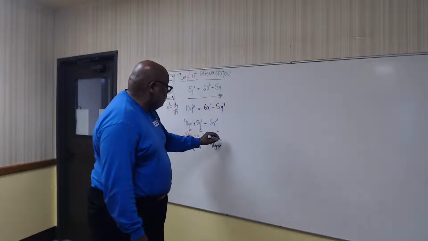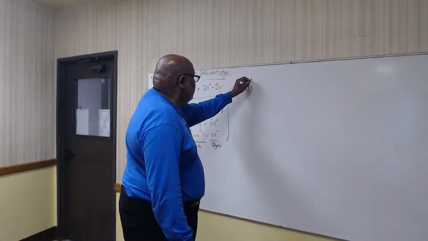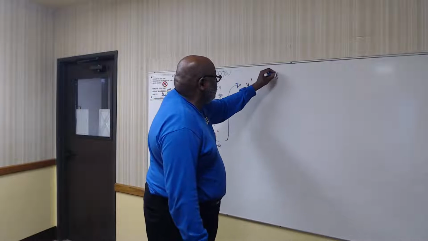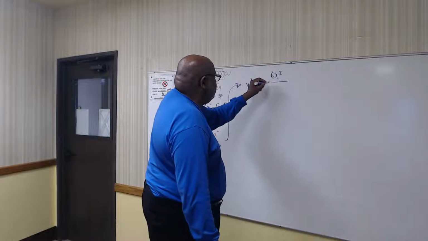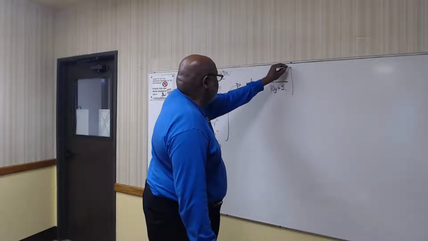And that leads us to y prime is equal to 6x squared over 10y plus 5. This is perfectly acceptable.